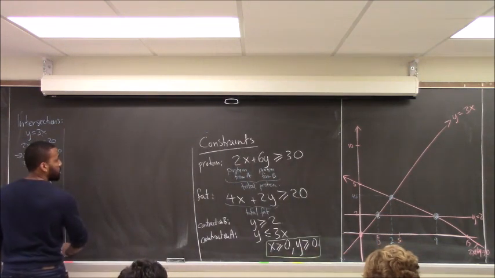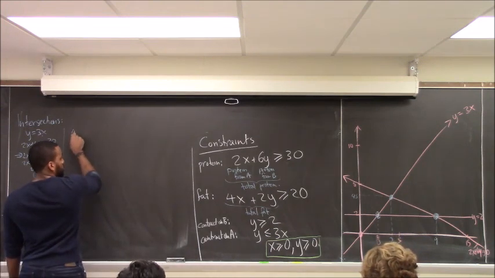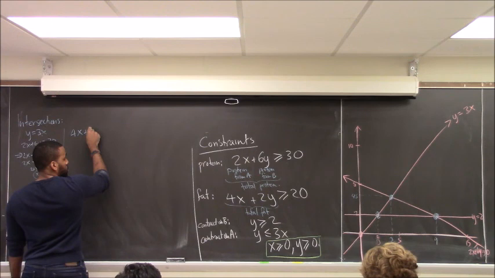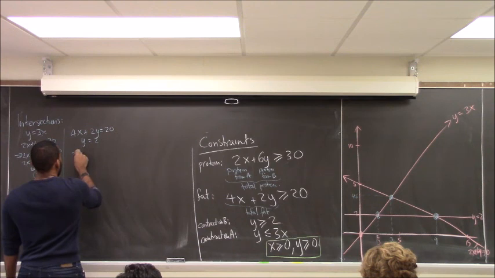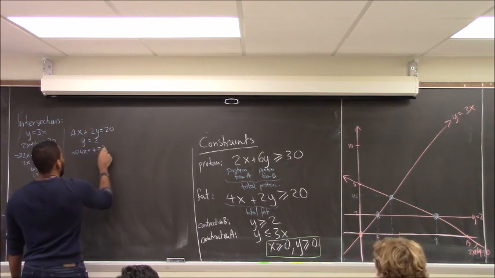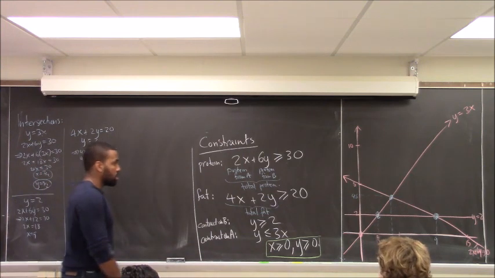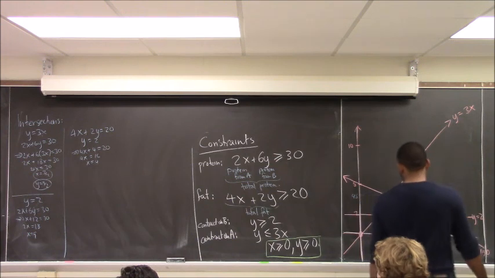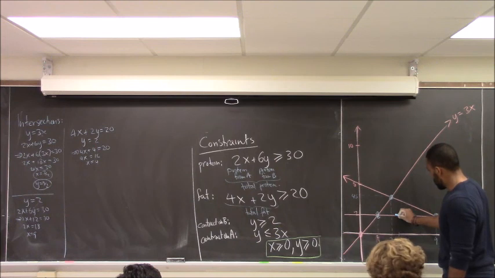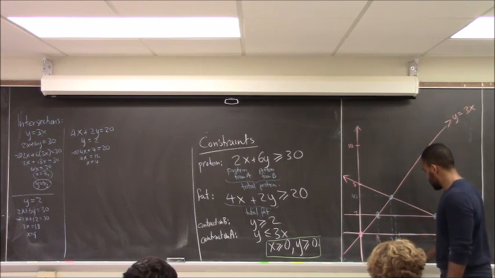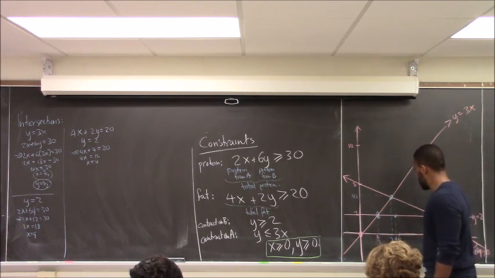Now let's do this one, intersected with y equals 2. This means that 4x plus 4 equals 20. 4x equals 16, so x equals 4. So that line has to hit after here, at 4. Okay, so there's going to be something touching here.